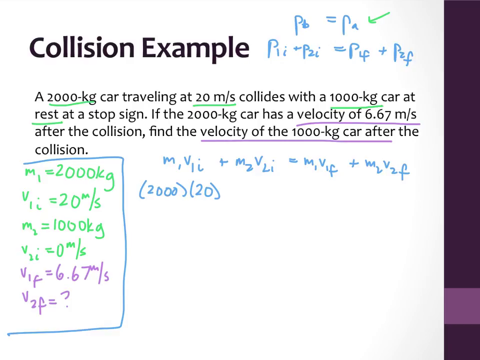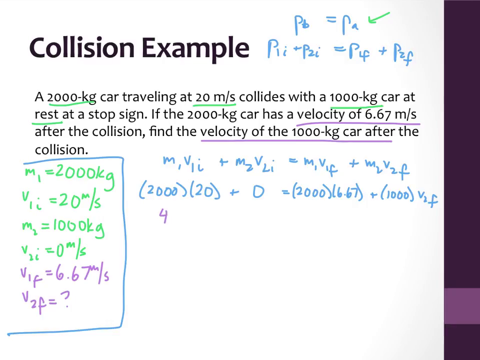Plus, I don't feel like writing all this work just to save space. So notice here, v2i is 0, so we could just put 0 right there, because anything times 0 is 0. m1 times 6.67 plus 1,000 v2f, that's what we're solving for.